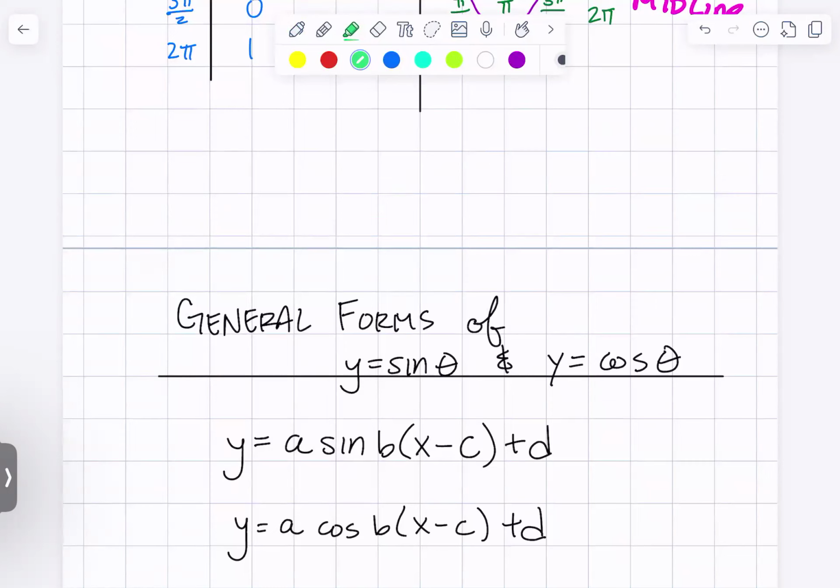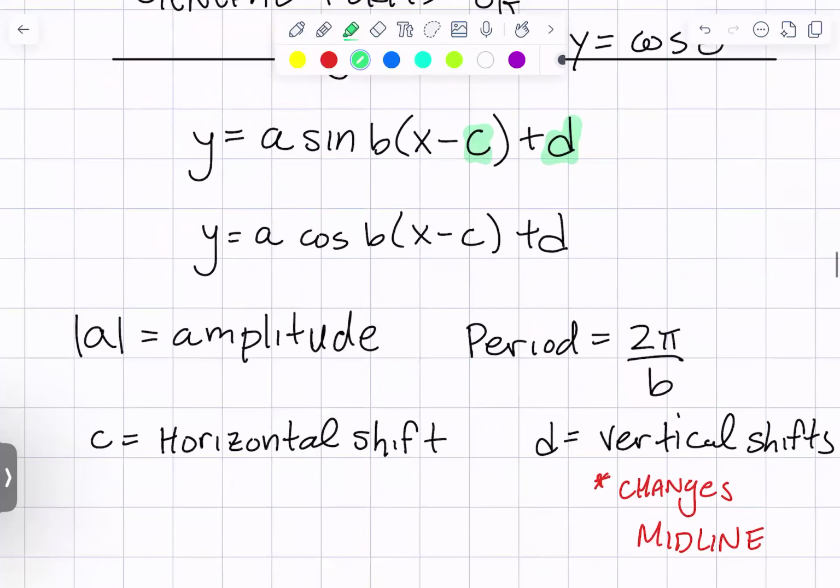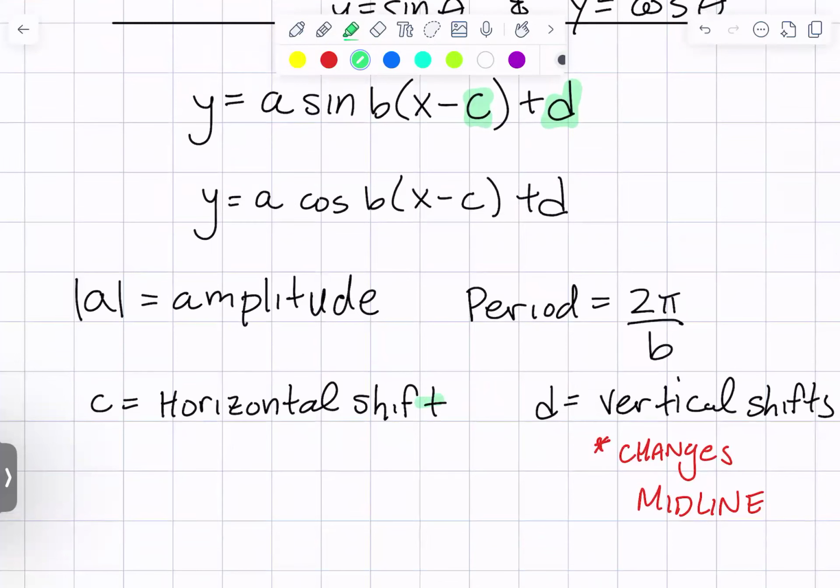And remember transformations, right? What the c does and what the d does. It's a horizontal shift, left or right, depending on what your c value is. And your d value is a vertical shift up or down. So that's what C and D represent.